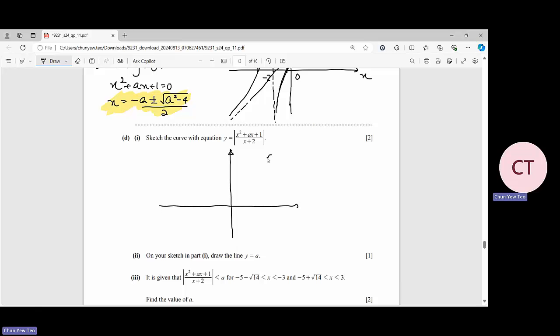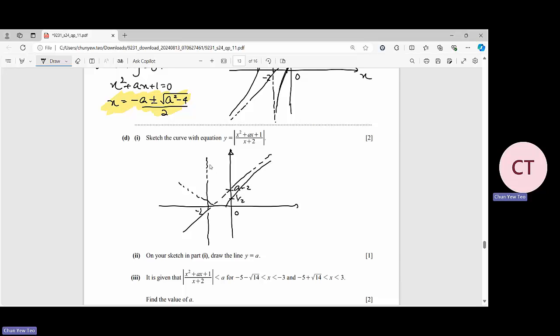So this is my oblique asymptote, a minus 2. This will be the reflection of the oblique asymptote. Over here, this is negative 2. This is 0. This is a half.